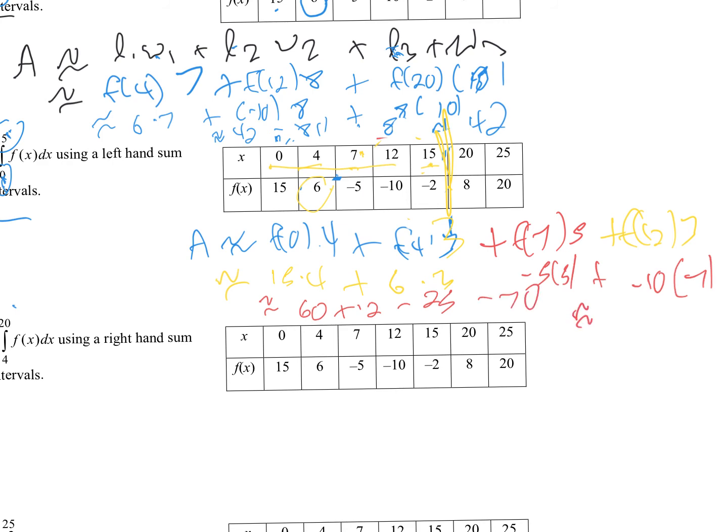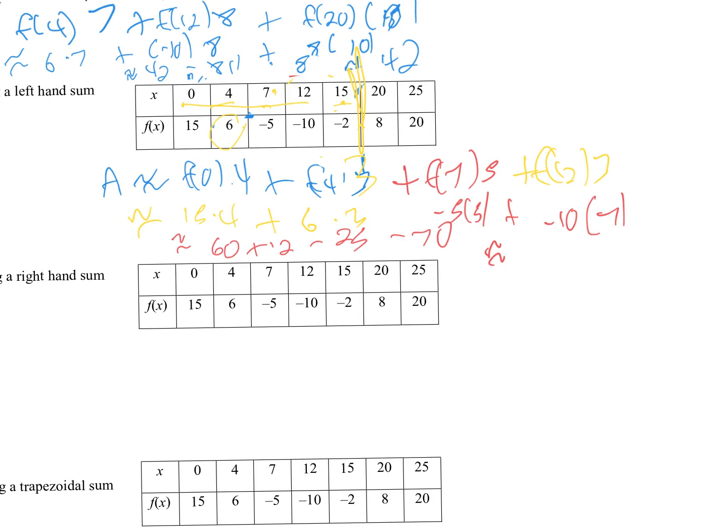That's approximately 72 minus 95. That answer would be a net of a negative 23.